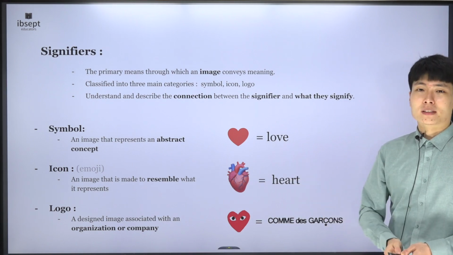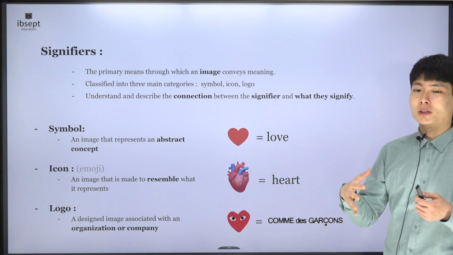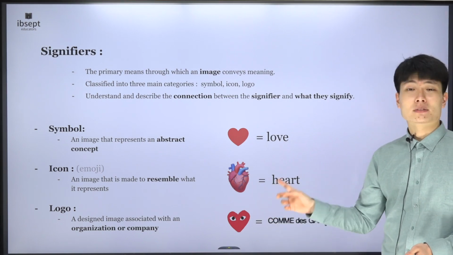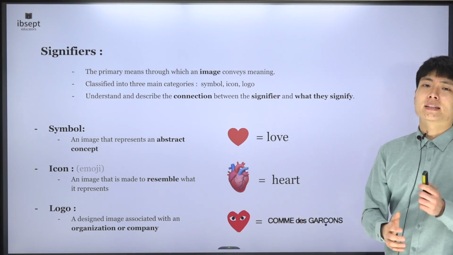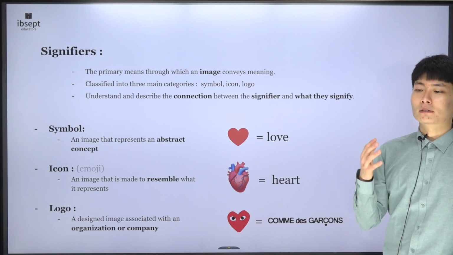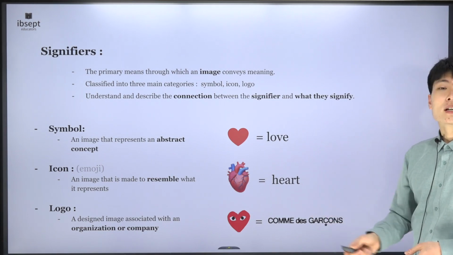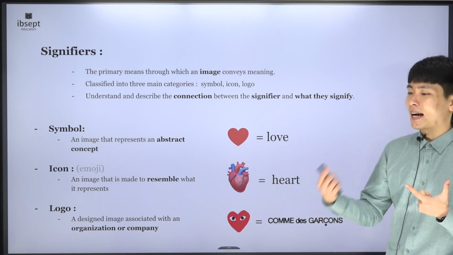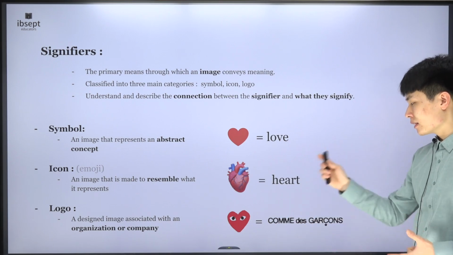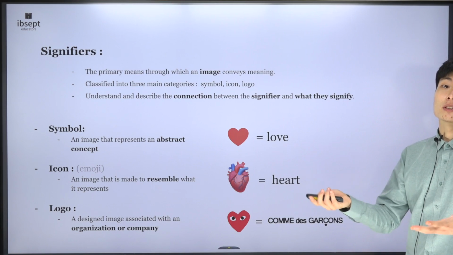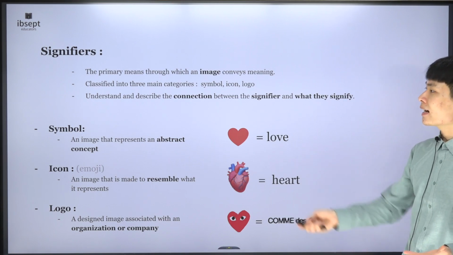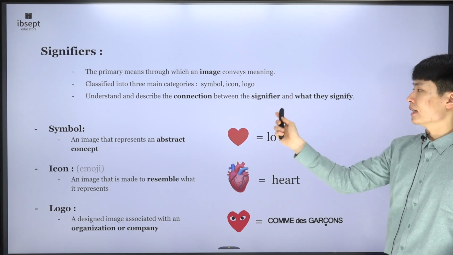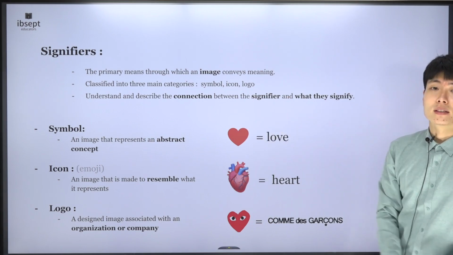But the truth is, whatever emotional reaction you had, there's a very high chance that the creators of that particular logo intended it and intended those feelings to be associated with the brand. So that playfulness, maybe that daring attitude, that would be something the Comme des Garçons brand wants to associate itself with. And that is how you can understand and describe the connection between a signifier and what they signify.